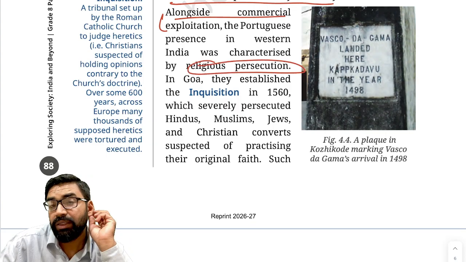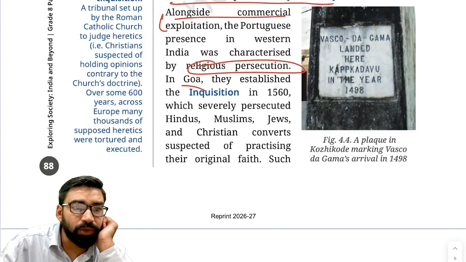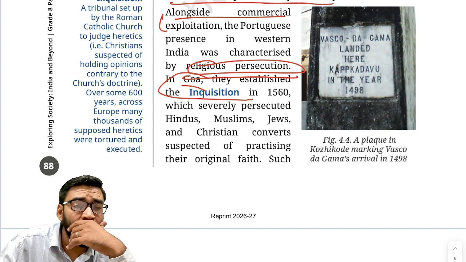After this, they also started religious persecution. This is another point. How religious persecution? They established their control in Goa. In 1510, they captured Goa.